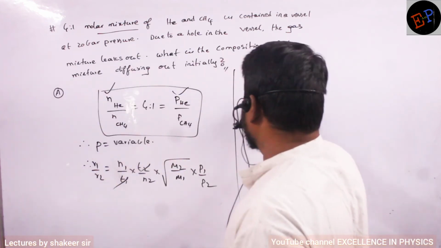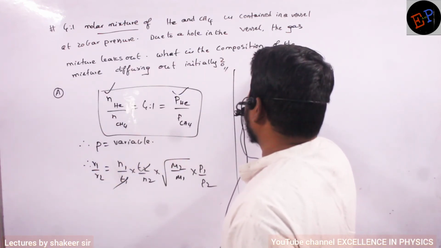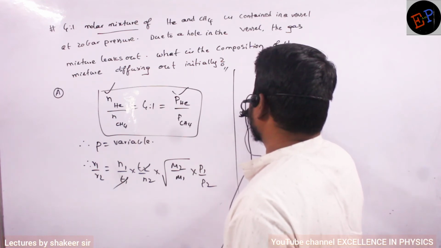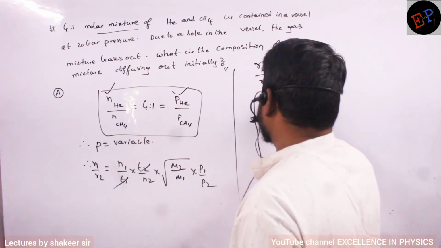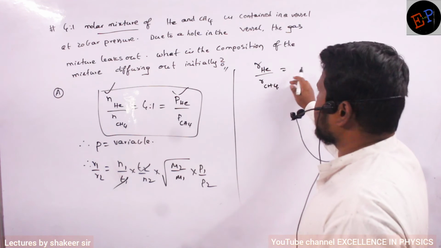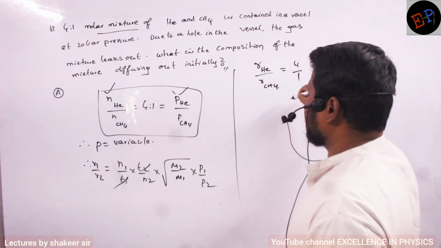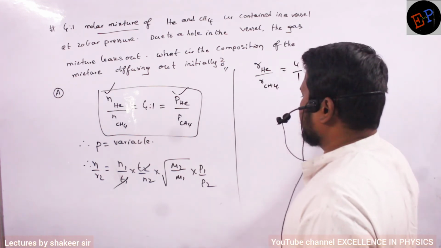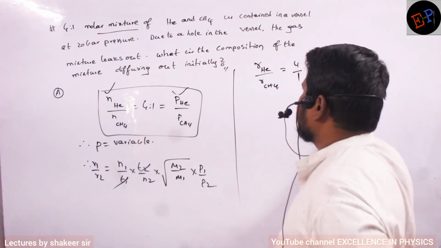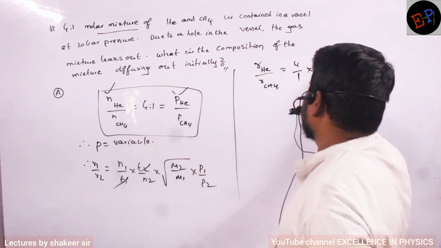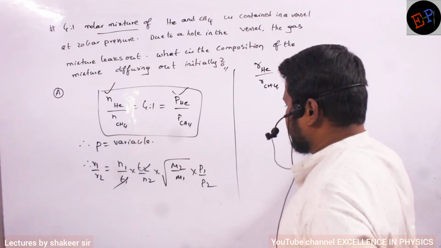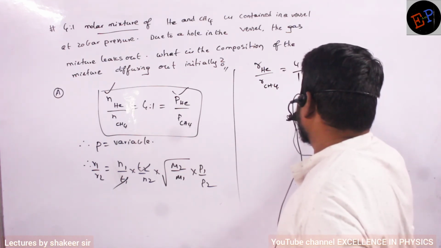First, the rate of diffusion of helium divided by the rate of diffusion of CH4 is equal to N1, the number of moles of helium, 4:1 ratio, multiplied by square root of the molecular mass of CH4, which is 16, divided by the molecular mass of helium, 4.